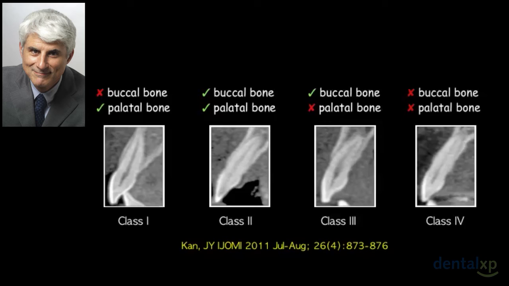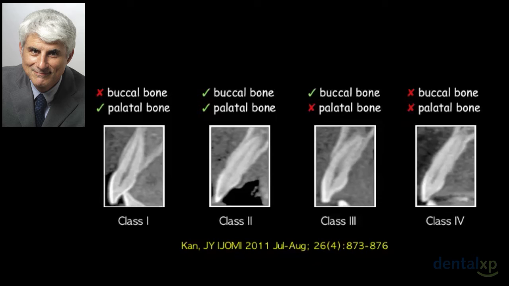In class 1, the root is moved toward the buccal bone, so we don't have bone on the buccal side, but on the other side, we can place an implant in a safe way in a case like this, because we have the bone on the palatal side.